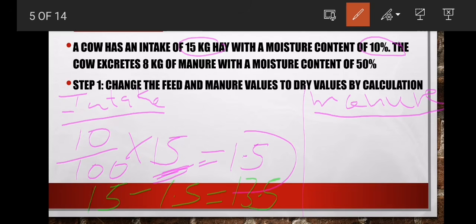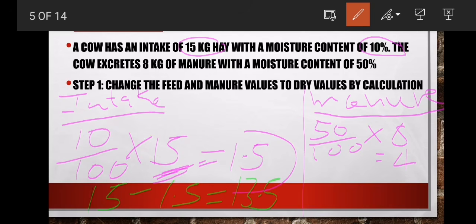So we want to find out how many kgs the 50% is of this 8 kg. It's simple. How do we do that? We will say 50 divided by what? 100 multiply by what? By 8. You punch your calculator, you get your answer. It will give you what? It will give you 4 kg. This 4 kg is not the dry material. It is the moisture.